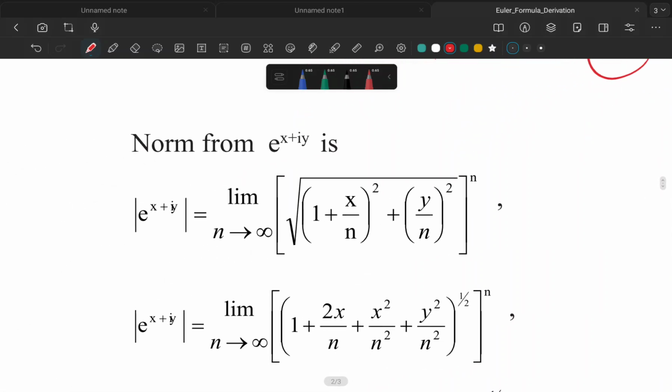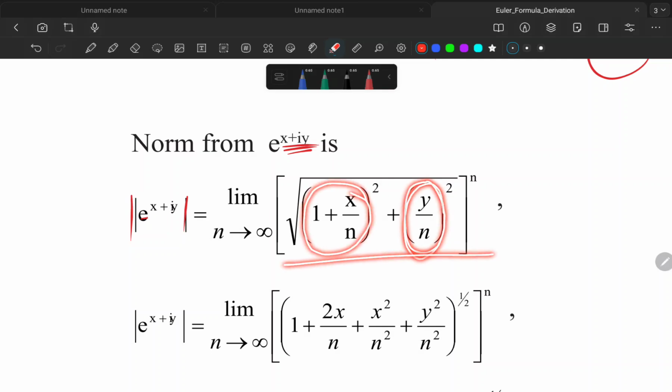So that's what the author did here: the modulus of this thing is the square root of the imaginary part and the real part. So this is the imaginary part, I hope you remember, and this is the real part.